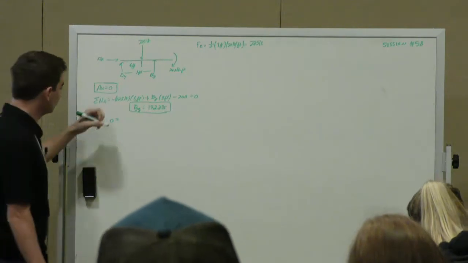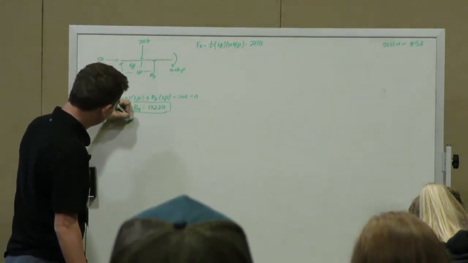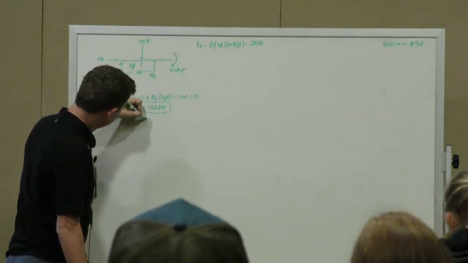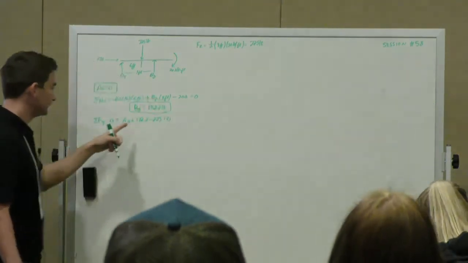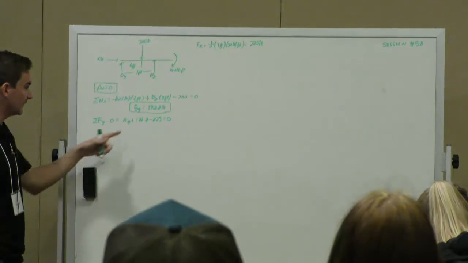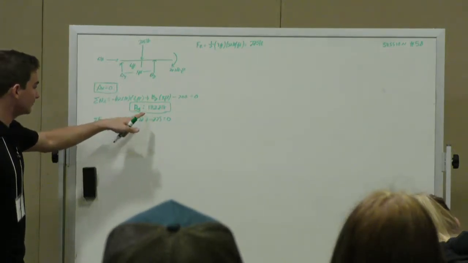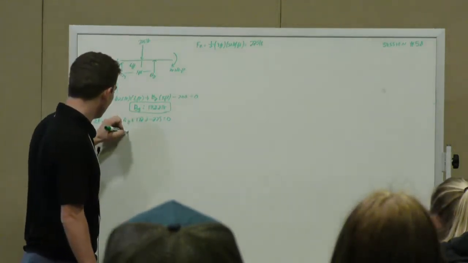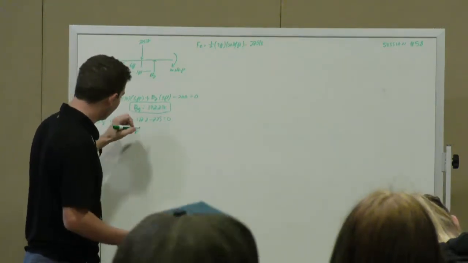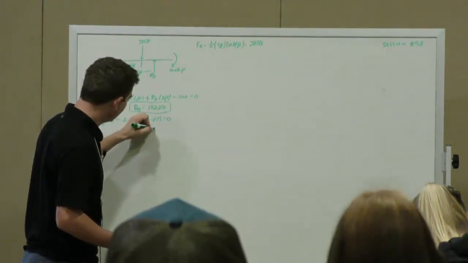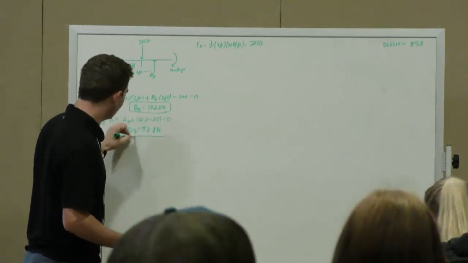AY plus 172 equals 225. Yeah, very good. So I just wrote the 225 on one side. I substituted BY in as 172.2. So AY, adding this over and subtracting 172, we get 52.8, and the unit of force is pounds.